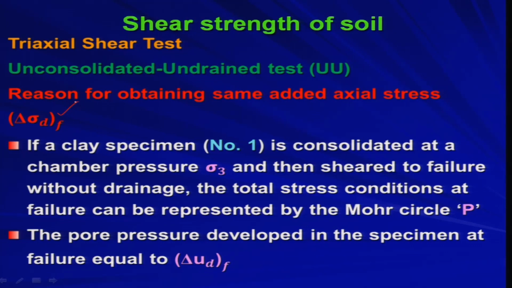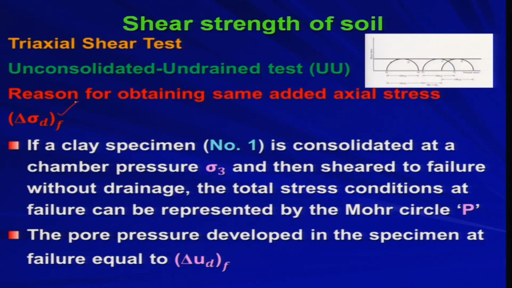So, if a clay specimen, say specimen number 1, is consolidated at a chamber pressure sigma 3 and then sheared to failure without drainage, the total stress conditions at failure can be represented by Mohr circle P. So we are considering one clay soil specimen, consolidated at a chamber pressure sigma 3 and then sheared to failure without drainage.